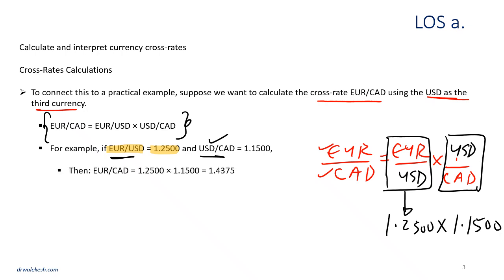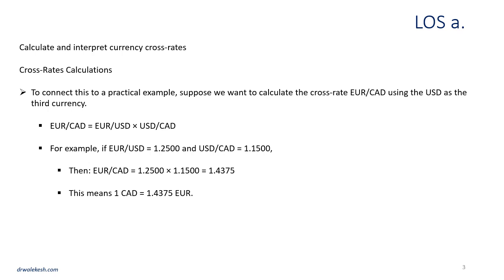So if you solve for this, I expect you to have this. So this implies that 1 Canadian dollar is equal to 1.4375 euros.